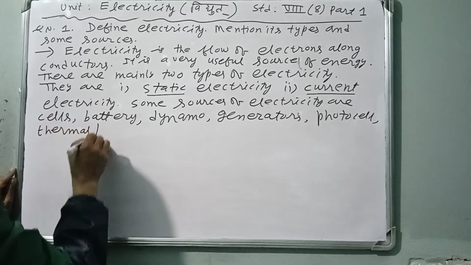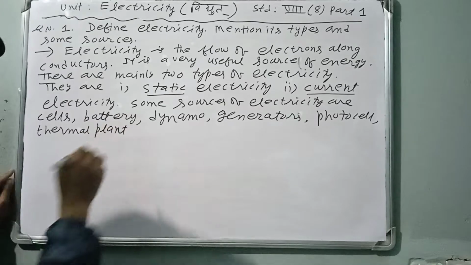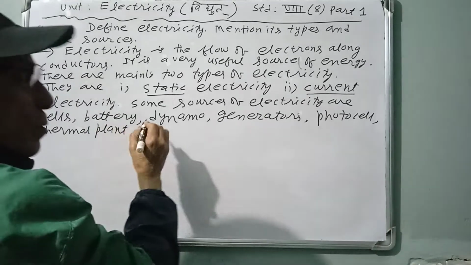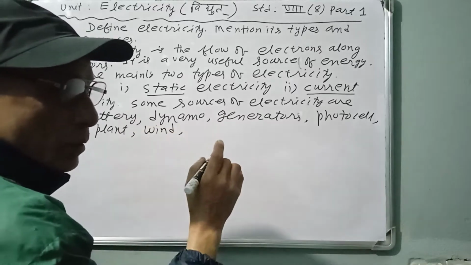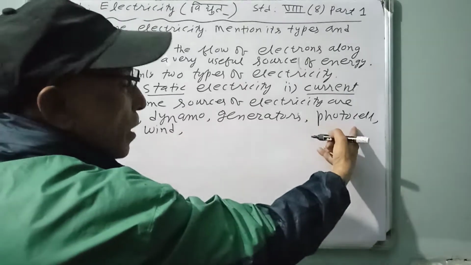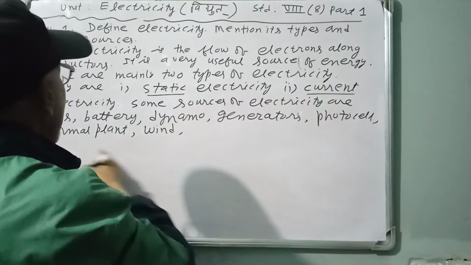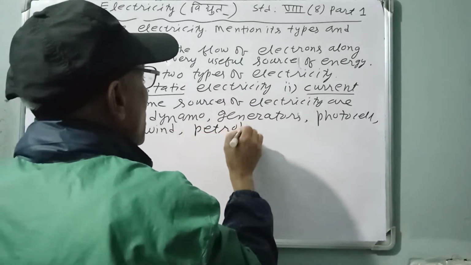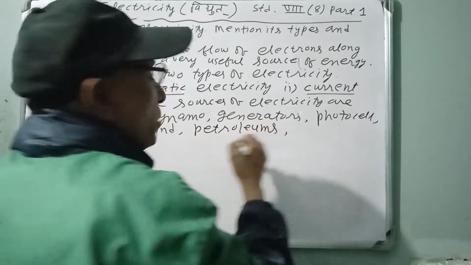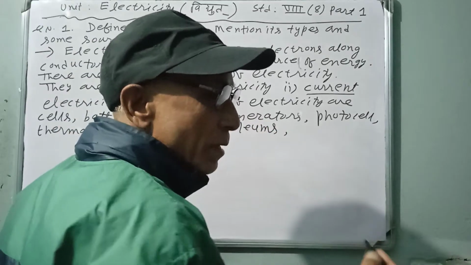Nowadays, thermal plant is also considered a very good source of electricity. Wind or solar, photocell, magma, petroleum products, and so many others.